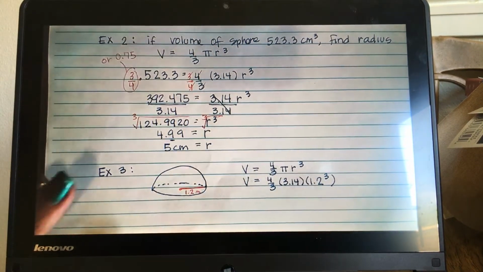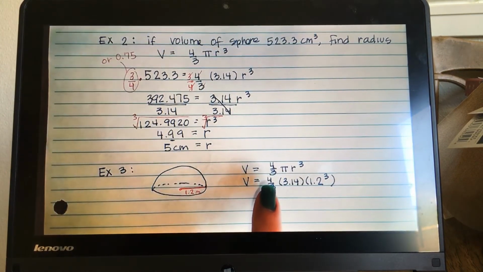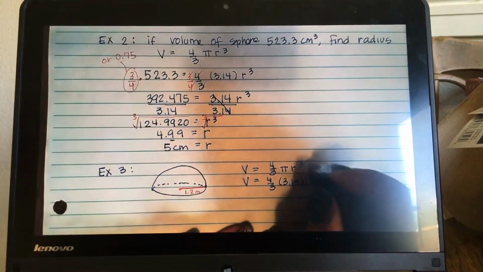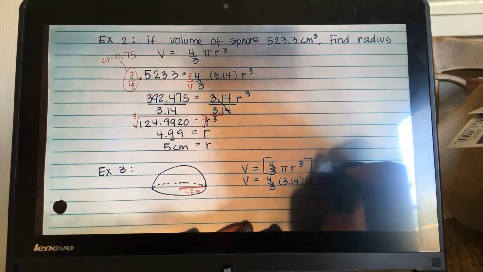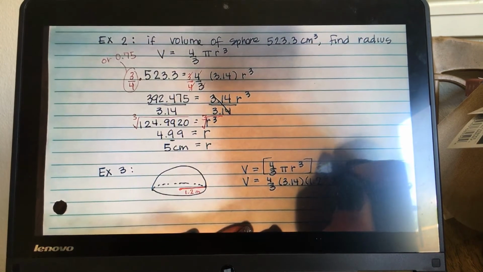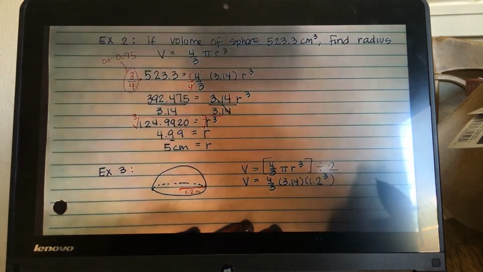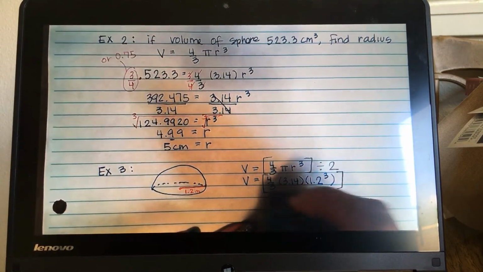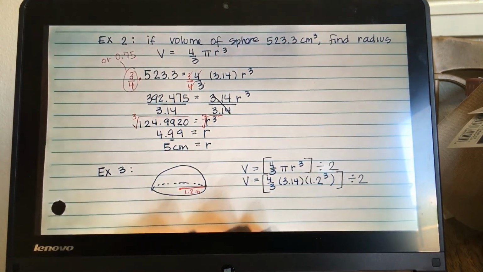So we have to remember that what we're working with in this question is not just a straightforward sphere formula, but we actually need to take that formula, and in the end, we're going to need to divide that by 2. Okay, so because this is a hemisphere, half of a sphere, after I take all of that and plug it into the calculator, I need to make sure I remember to divide that by 2.